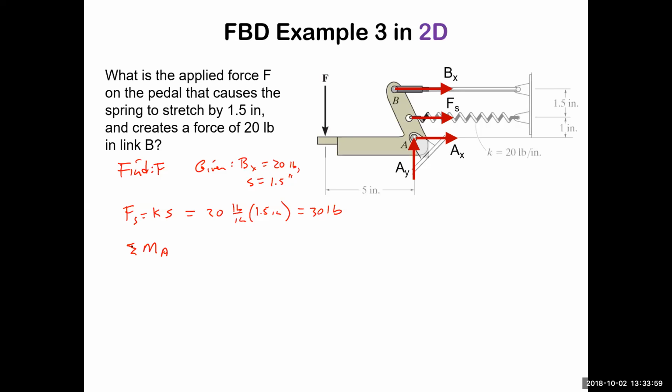If you're just trying to find force F, and they're not asking for what AX and AY is, you can just go straight to finding the moments about A. You're going to solve for F directly. AX and AY don't give you a moment about A, so those unknowns can be ignored. And you can write a single equation to get to the answer.